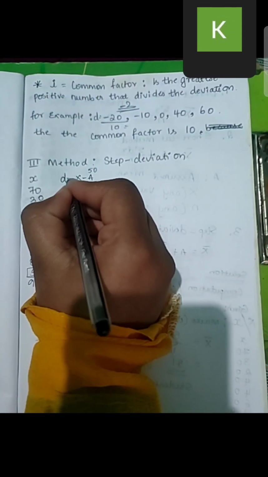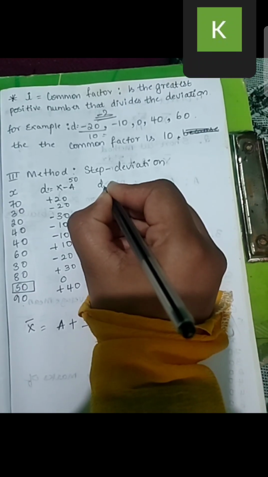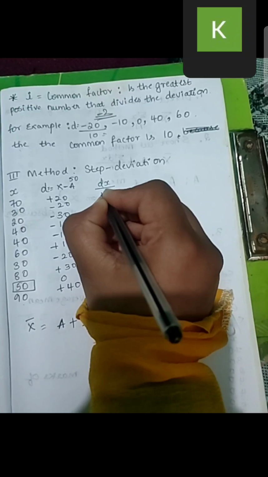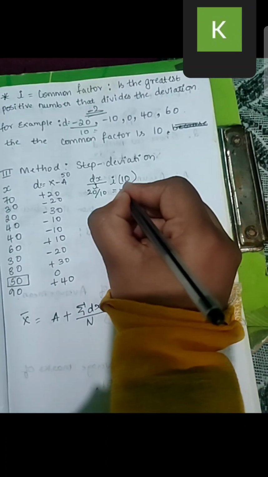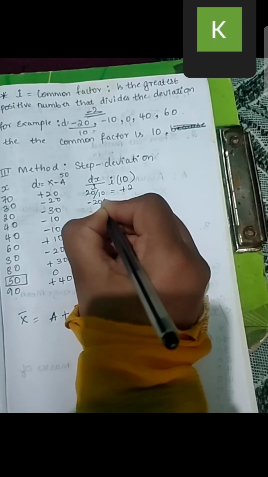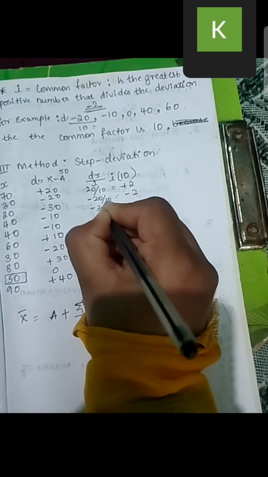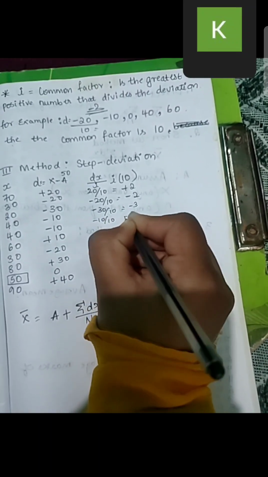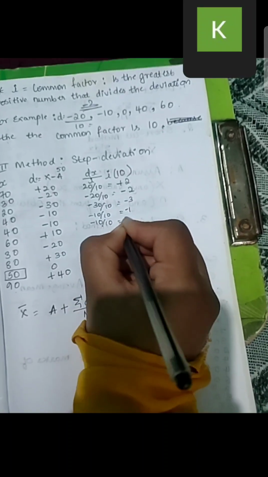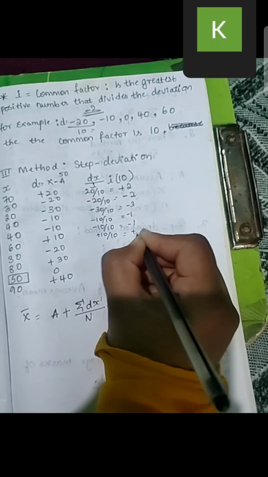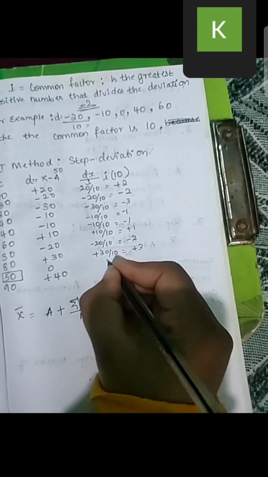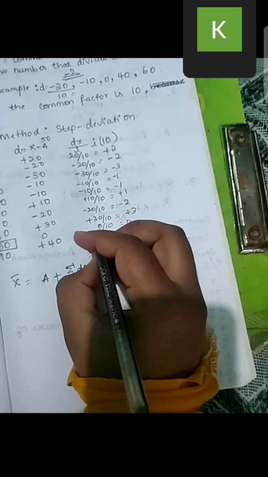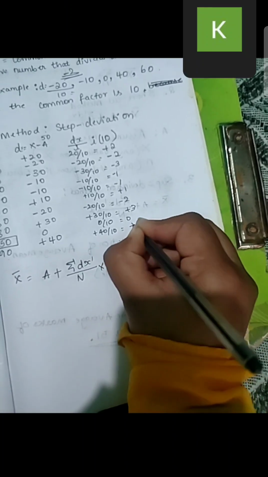My next step is dx divided by I, and for this sum I'm taking I as 10. 20 divided by 10 is plus 2, minus 20 divided by 10 is minus 2, minus 30 divided by 10 is minus 3, minus 1, minus 1, plus 1, minus 2, plus 3, 0 divided by 10 is 0, plus 40 divided by 10 is equal to plus 4.